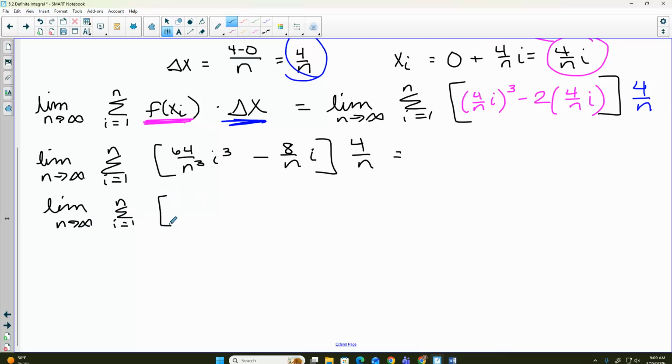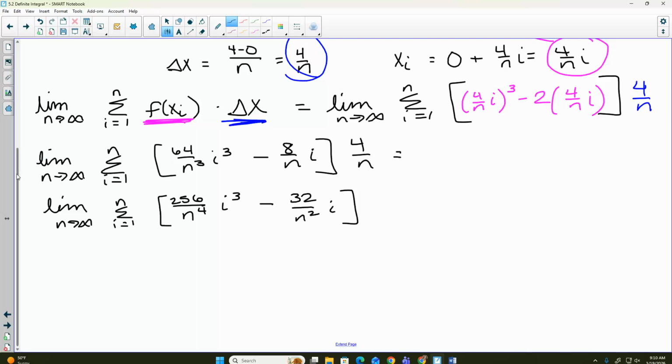So if we distribute, 64 times 4, what's that give us? 256? Over n to the 4 i cubed minus 32 over n squared i. Have I lost anybody?